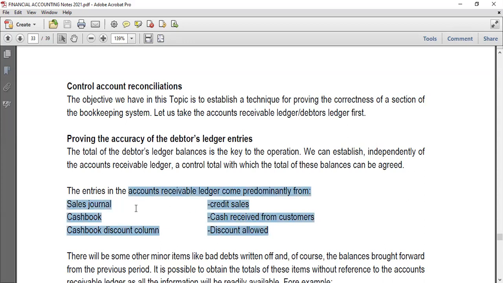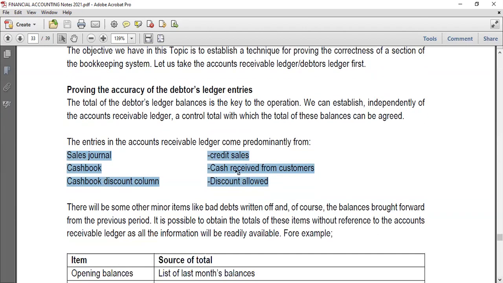The reason why we are listing all this is that this is all that relates to receivables, okay? And it is from those three documents that we pick information to put under our receivables account. Of course, we also have return inwards, but predominantly these are the respective documents.